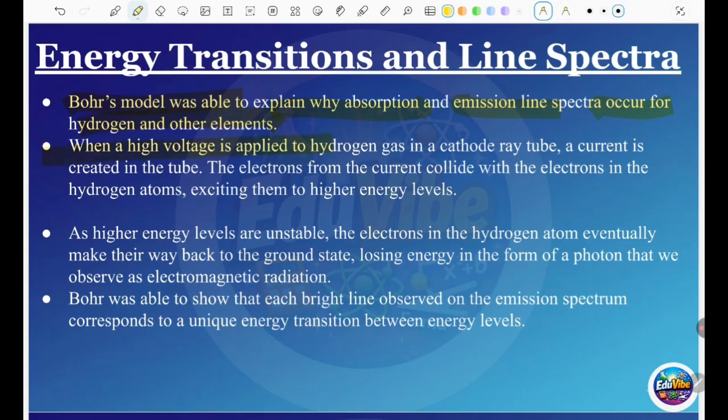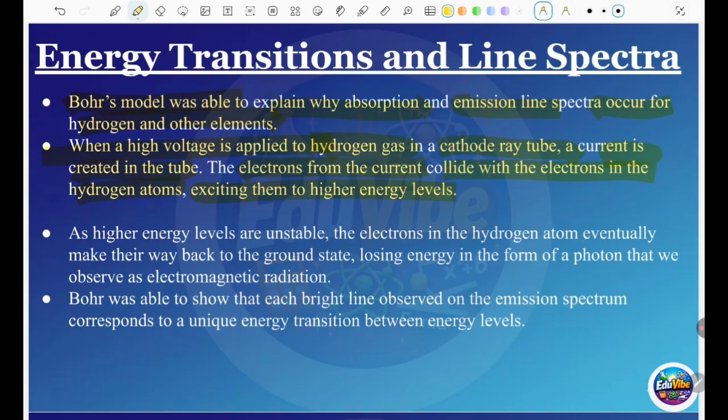When a high voltage is applied to hydrogen gas in a cathode ray tube, a current is created in the tube. Electrons from the current collide with the electrons in the hydrogen atom, exciting them to higher energy levels.